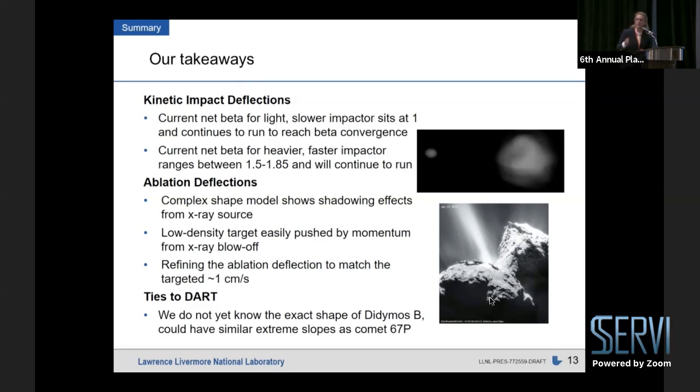All we have is this blurry image shown here, and when we get there, we may find that secondary is not spherical, it's not ellipsoidal. In fact, it might have an irregular shape that looks something like Comet 67P. So that is why we do studies like the one I just presented, so that we can be prepared for the DART mission, but also for the eventuality that one day we will have to deflect a hazardous object. Thank you.